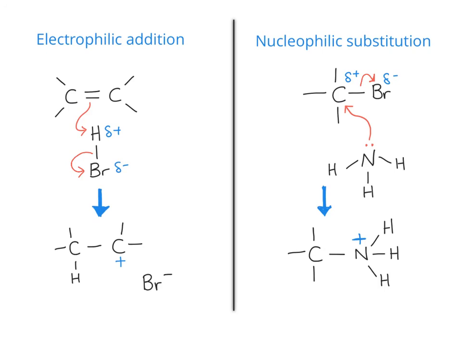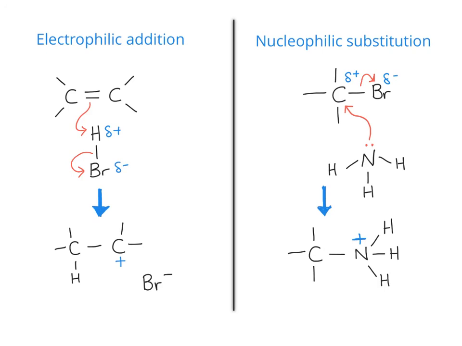Same idea though, a pair of electrons is moving towards a delta negative, so where the electrons were already being attracted to because of the electronegativity of that atom. So other thing in common, of course, is that both of these first steps have two curly arrows. So there are lots of things that are similar about them. Another thing to notice is that if you are using a neutral, uncharged nucleophile, both of these have a positively charged intermediate.